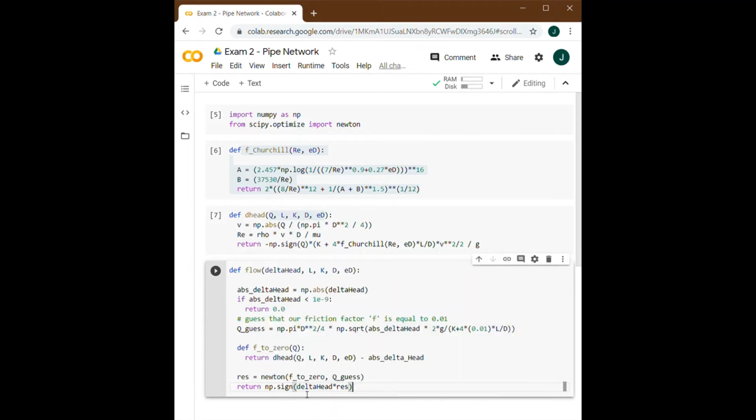We're going to return our delta head from earlier. This time we're going to leave its sign alone, because we removed the sign up here to make these calculations a lot easier, but we're going to put the sign back here because the sign tells us which way the fluid is flowing.